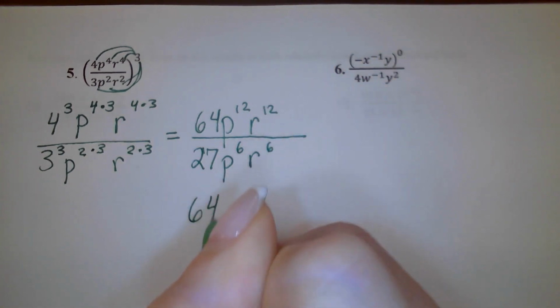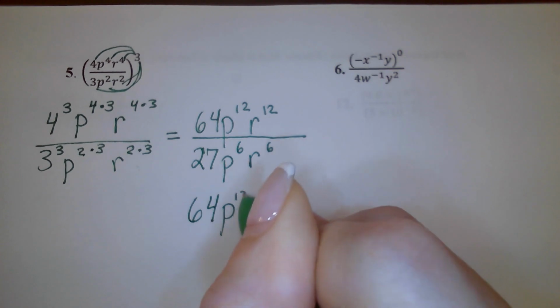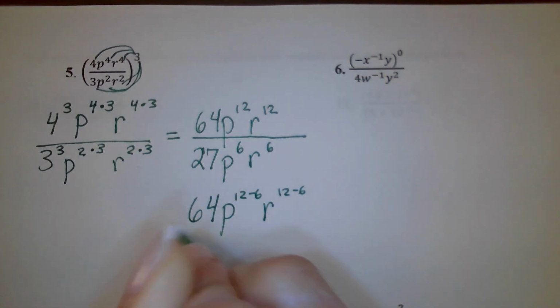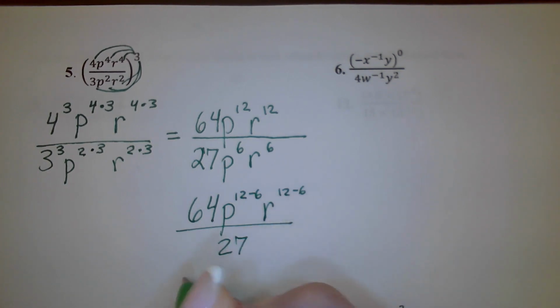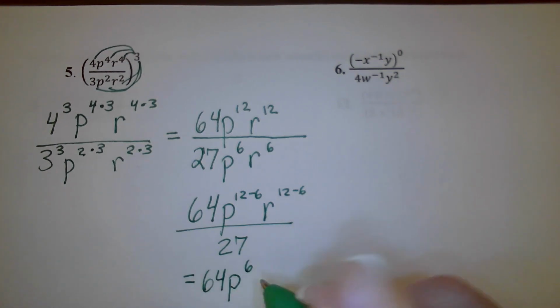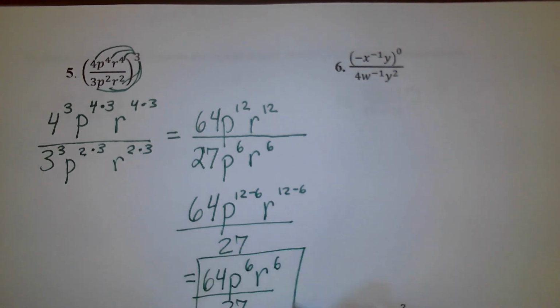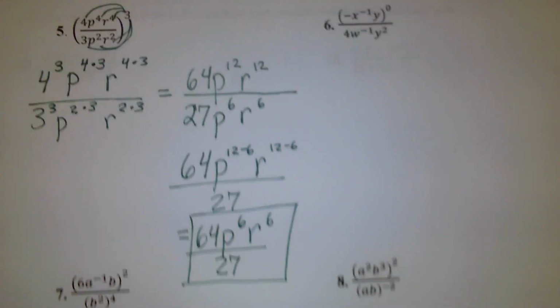So this will become 64 p to the 12 minus 6, r to the 12 minus 6 over 27. Now when I simplify that, I get 64 p to the 6th, r to the 6th over 27. And that's my final answer because I can't simplify 64 over 27.